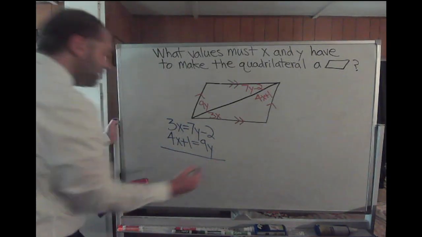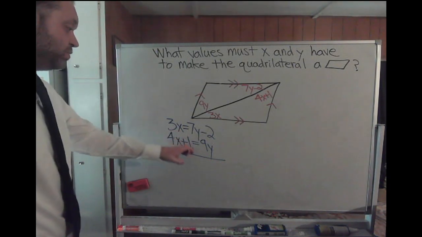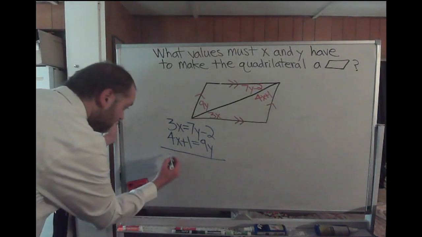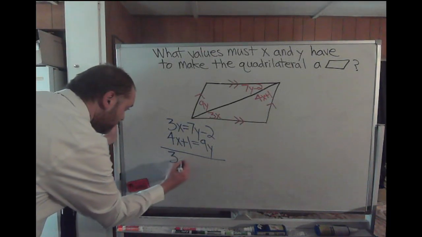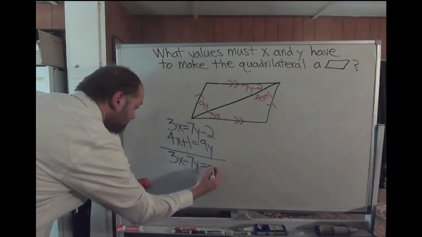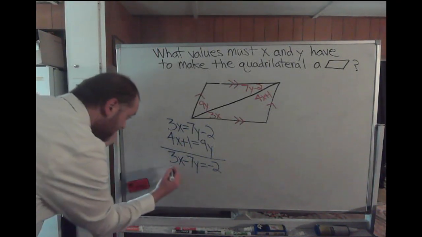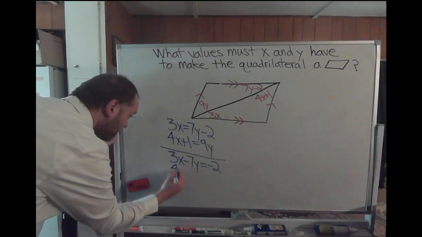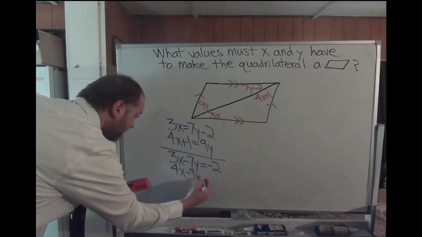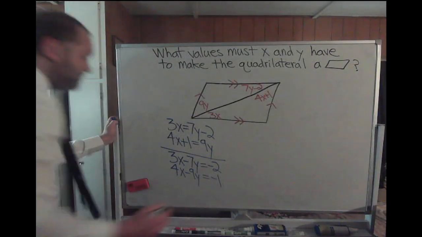Okay. Let's get the x's and y's on the same side and get the constant over on the right. So for the first equation, this would turn into 3x minus 7y equals negative 2. And then this would turn into 4x minus 9y equals negative 1.